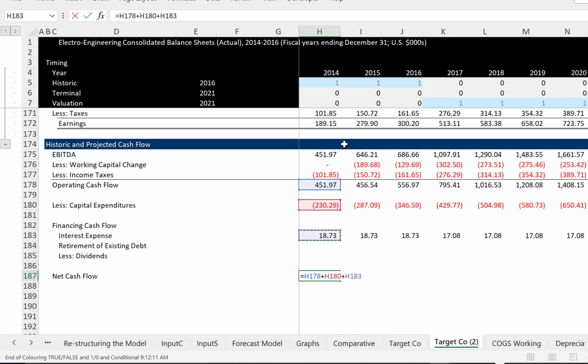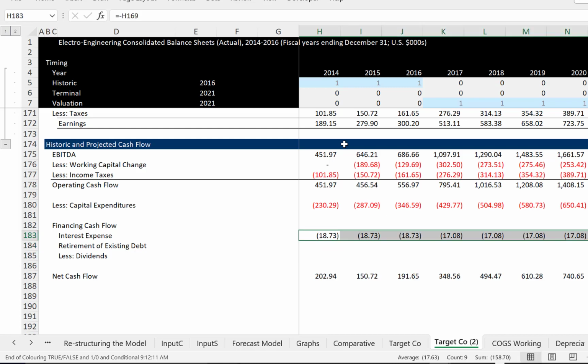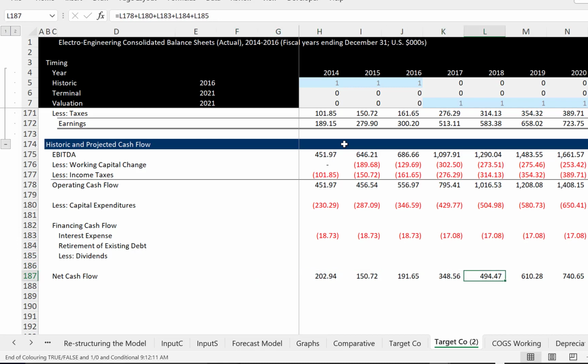Now, I should have put this as a negative and the next one as a negative and the next one, and I'm just going to do that in a minute. Shift Control R, put a minus here, okay, and we have this, and Shift Control Q to make it nice and pretty.